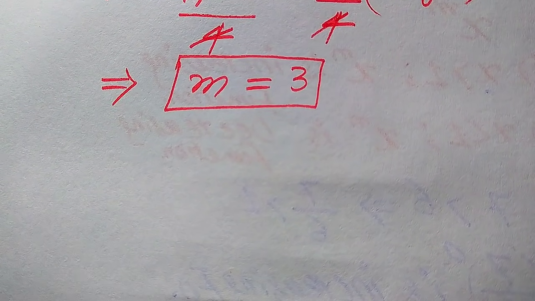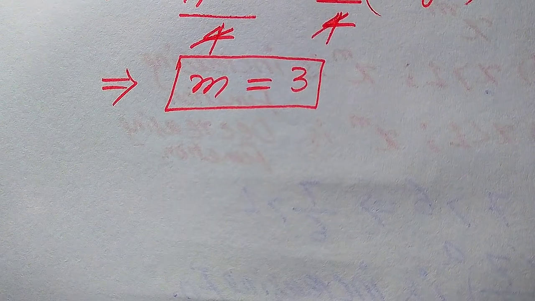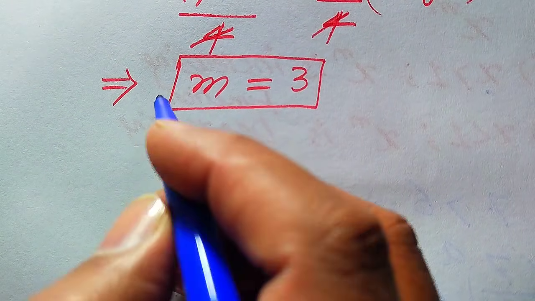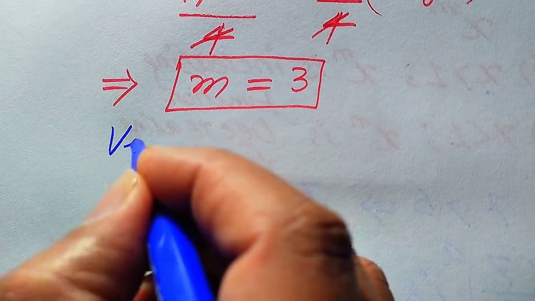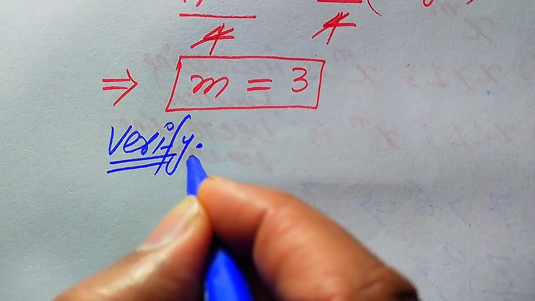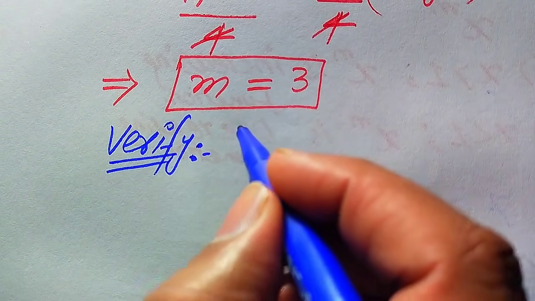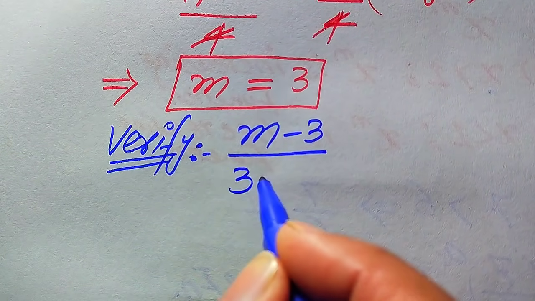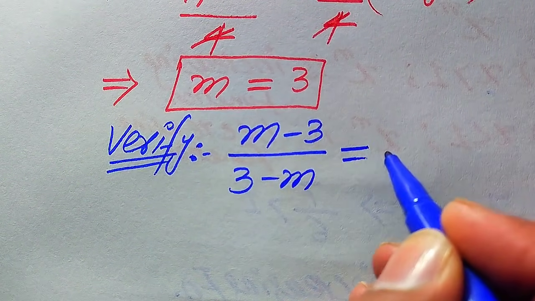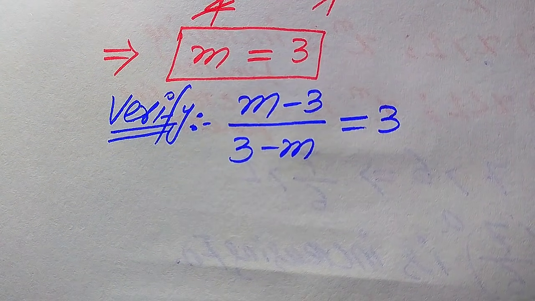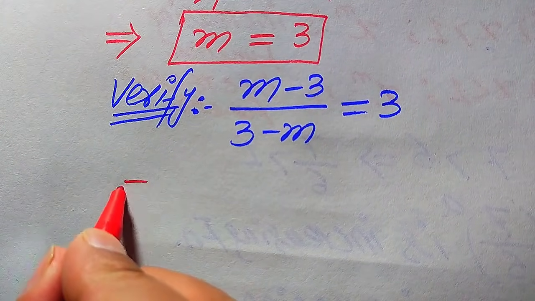Now in the next step we need to verify whether this value of m is a solution, or whether this value of m is an extraneous root. For verification we need to copy down the given question statement. Here it is (m minus 3) divided by (3 minus m) equals 3. We substitute the value of m into the left hand side and check its behavior.